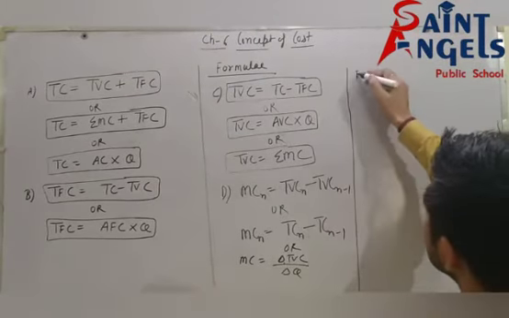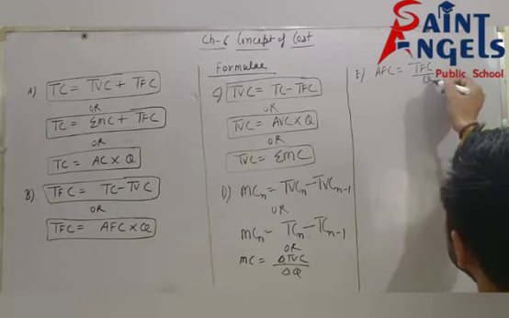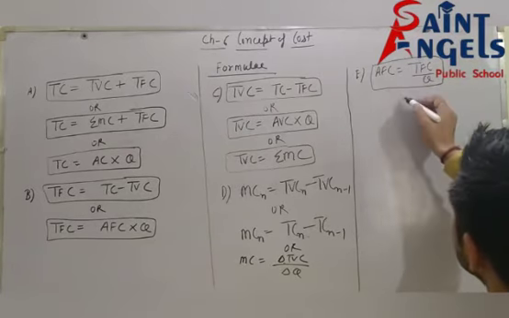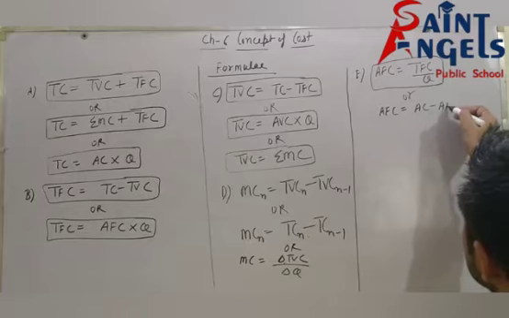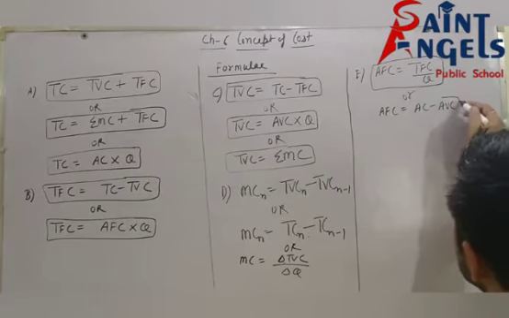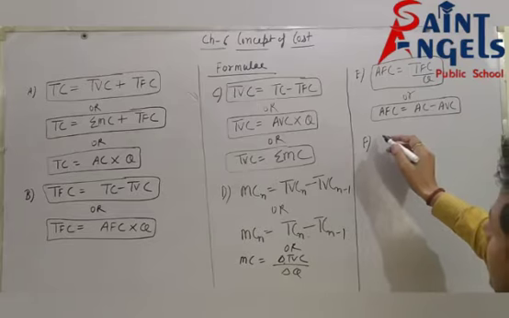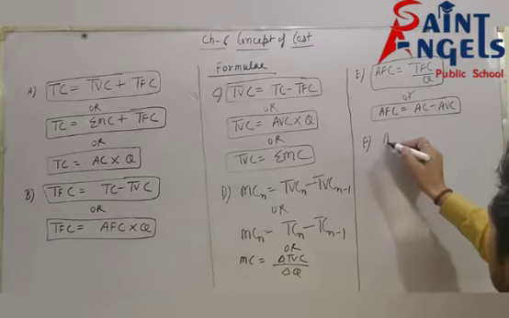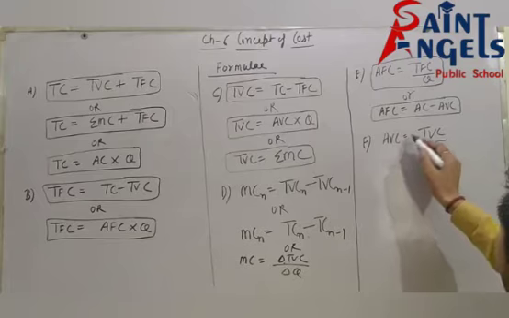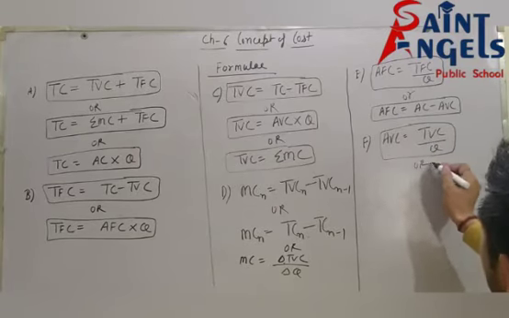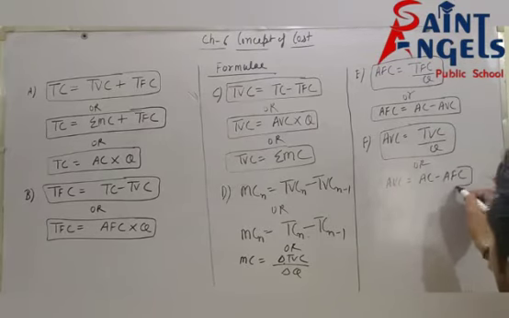Next, AFC. TFC divided by Q. AFC is equal to AC minus AVC. Now AVC is TVC divided by Q. Or AVC is equal to AC minus AFC.